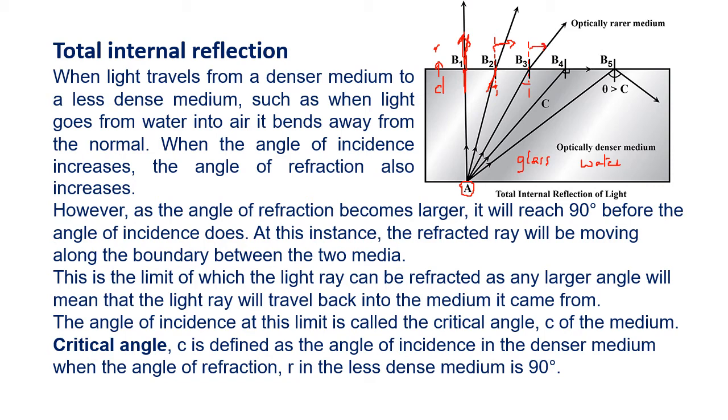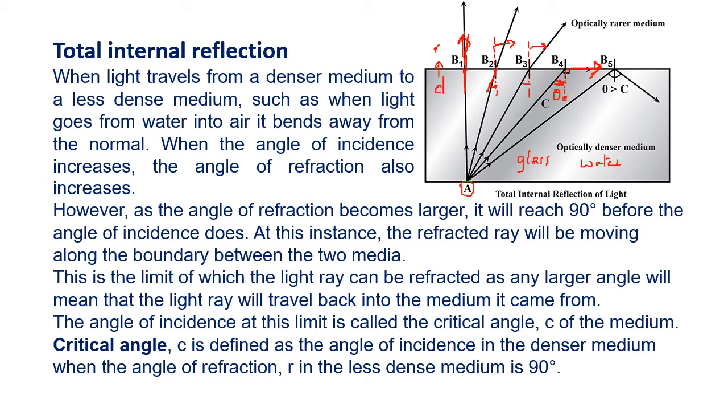Now there comes a position where, for a certain angle, the ray of light becomes parallel to the surface. This incident angle is called the critical angle.